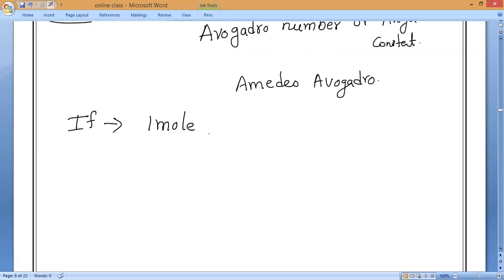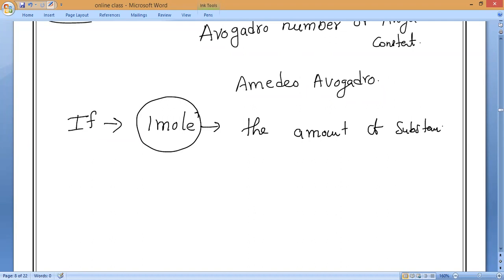Remember, if I say I am having 1 mole, it means the amount of substance which contains 6.022 into 10 power 23 particles.